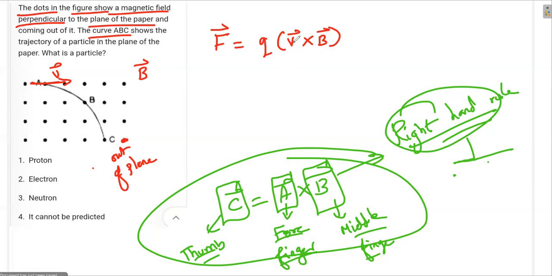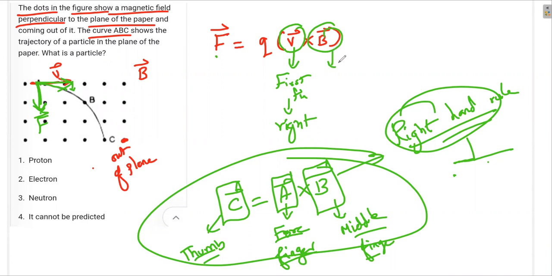If I use that idea here, since the particle is turning downwards from its original position, the force must be down. So the thumb must be down. The velocity is forward, towards the right, so the forefinger points right.